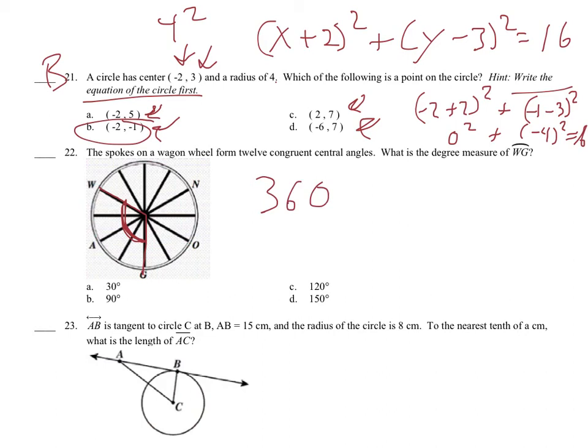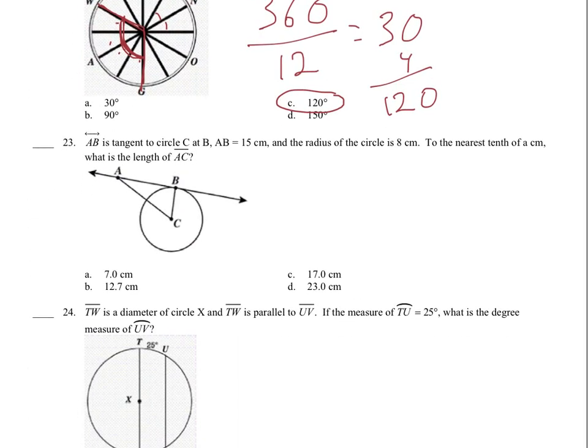If I divide that by 12 different sectors, 12 goes into 360 30 times. That means each small triangle is 30 degrees. If I look at WG, it's got 1, 2, 3, 4 triangles, so 4 times 30 is 120, so WG has an angle measure of 120 degrees.